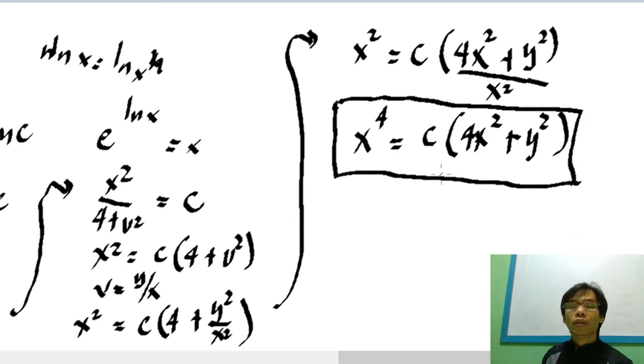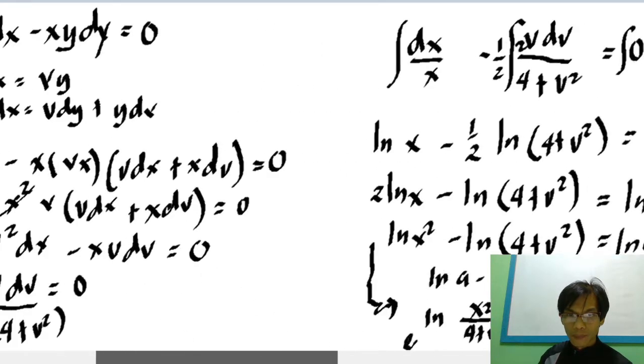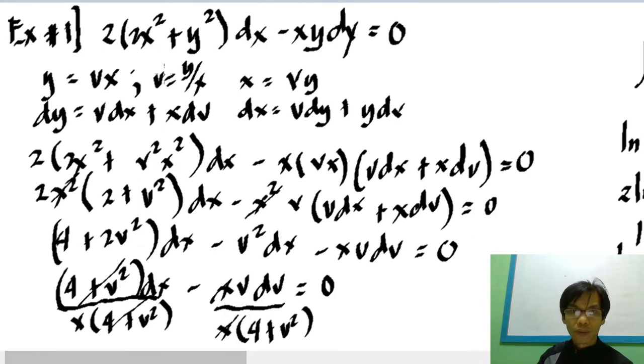Okay, so let's take a look at a brief run through of this one. Started from here, we have selected which variable we will use. So is it y or x? We have seen that y is simpler. So we denote y is equal to vx, and then we substituted.